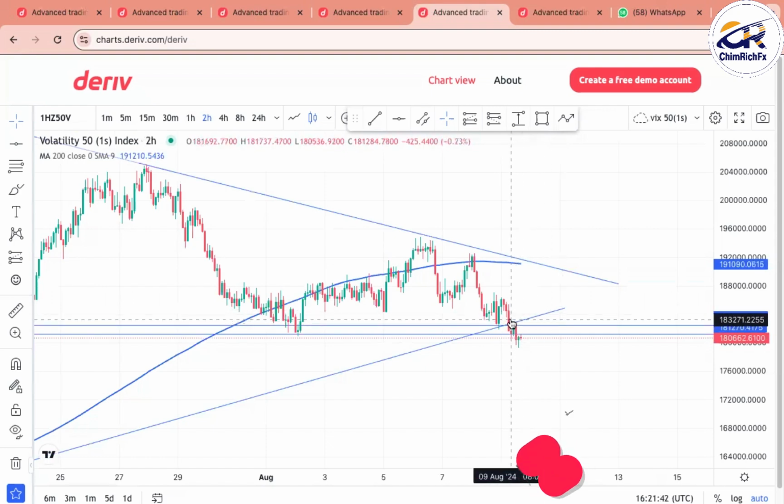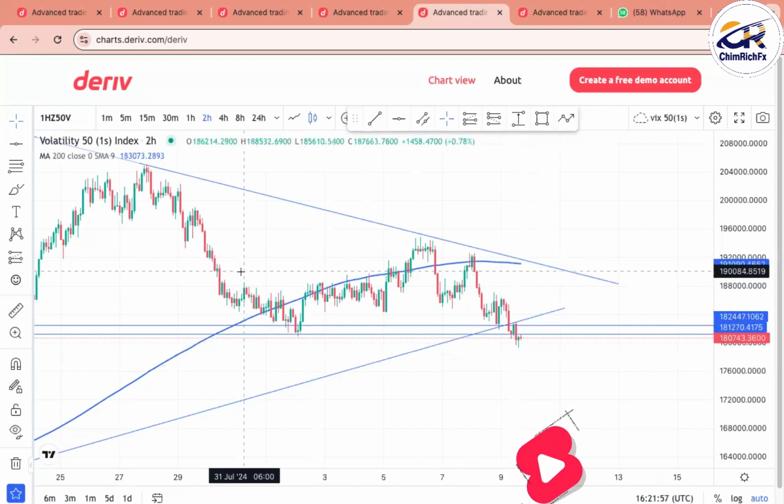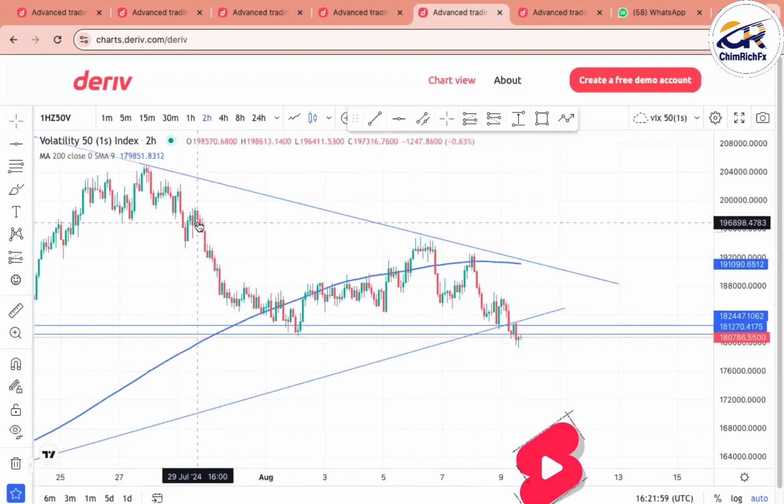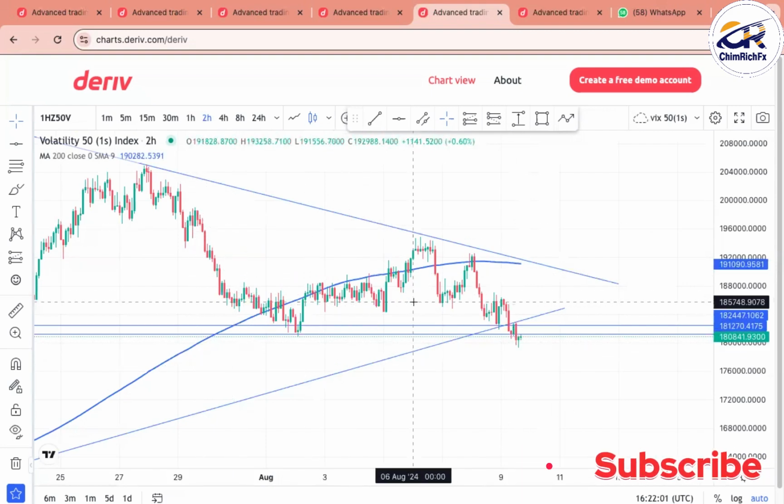Or if you are looking for a sniper entry, this is 2 hours. For this candle engulfing this bullish candle here, it's a very, very huge profit for some traders, for some scalpers.